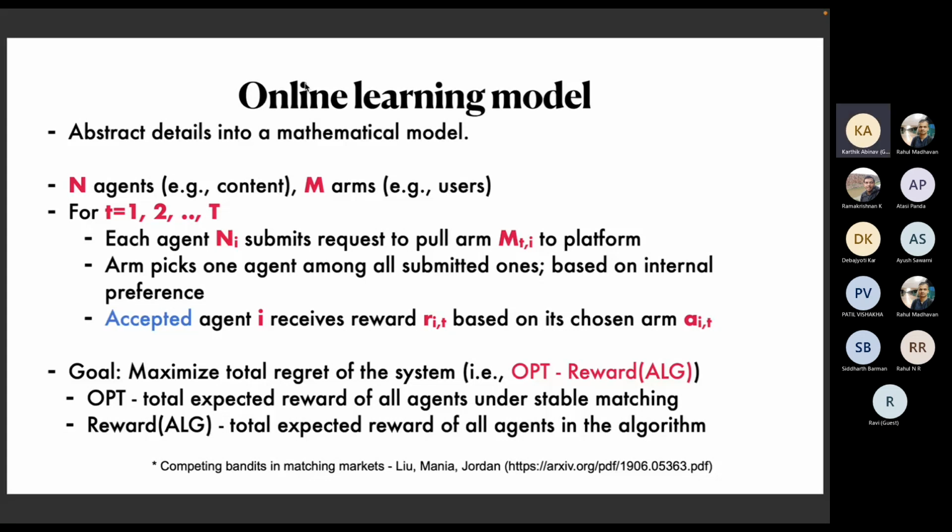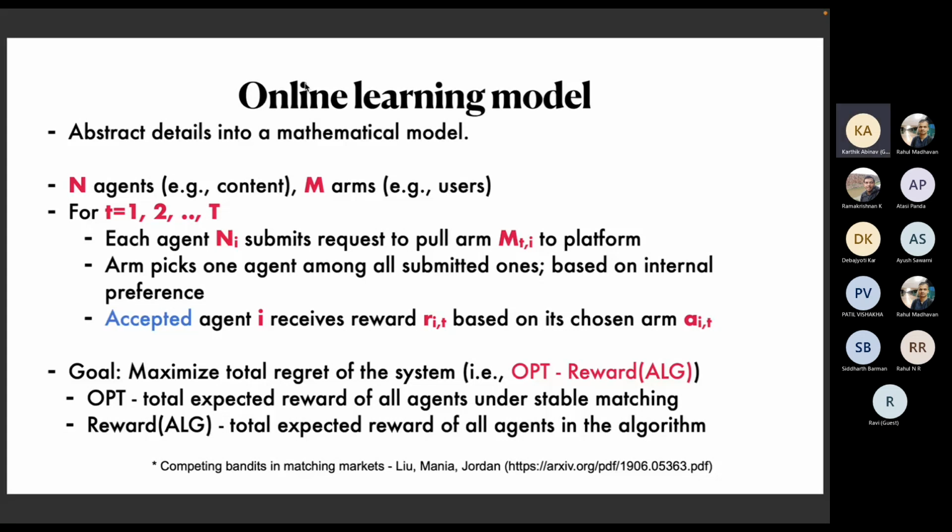Okay. Is there any assurance that a certain optimum would be found? I was thinking, for example, if all the agents, for some reason, want to pull arm one at time one, or arm two at time two, and this keeps happening, they keep selecting the same arm because they're not speaking to each other.